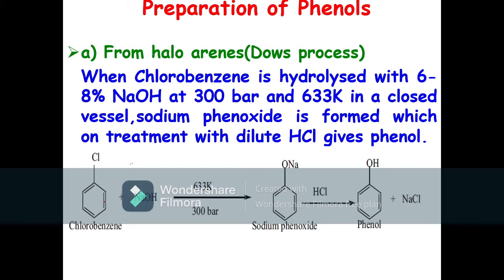So chlorobenzene is hydrolyzed with 6 to 8 percent sodium hydroxide, heated at 633 Kelvin temperature and high pressure.